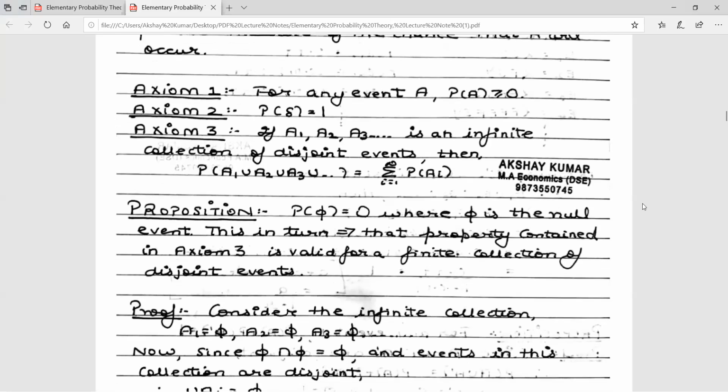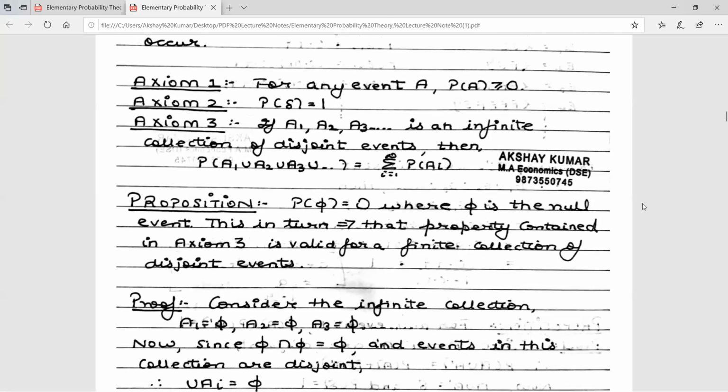Axiom 3: if A1, A2, A3, and so on is an infinite collection of disjoint events, then probability of A1 union A2 union A3 union so on is the summation, as i goes from 1 to infinity, of probability of Ai.